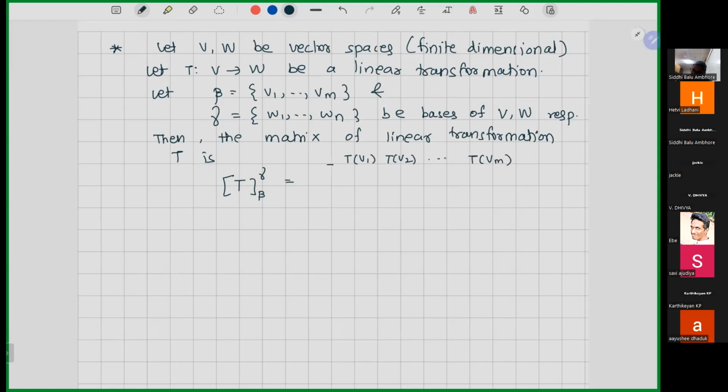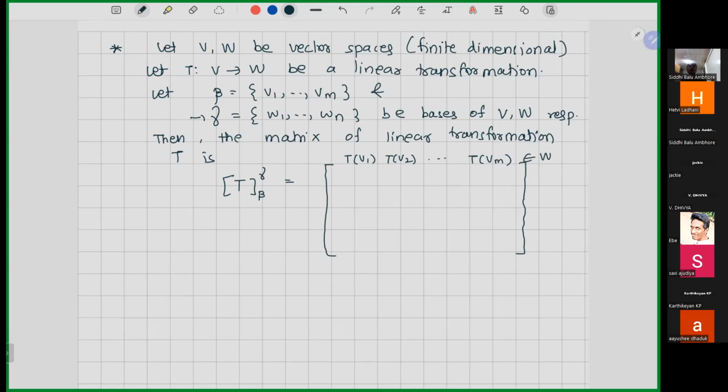These are now in W, and W has the basis gamma.